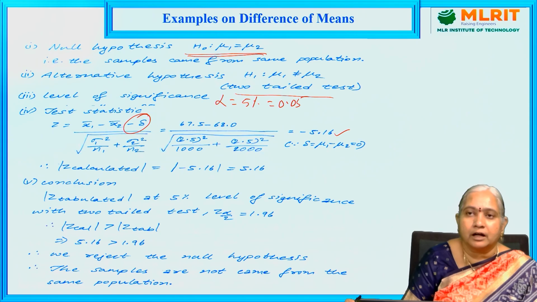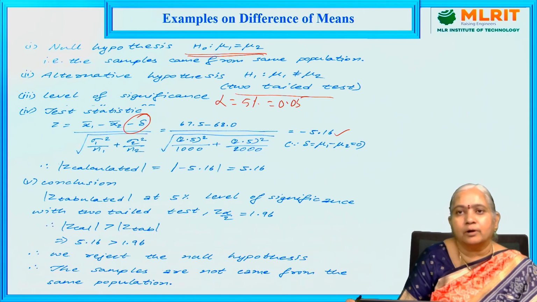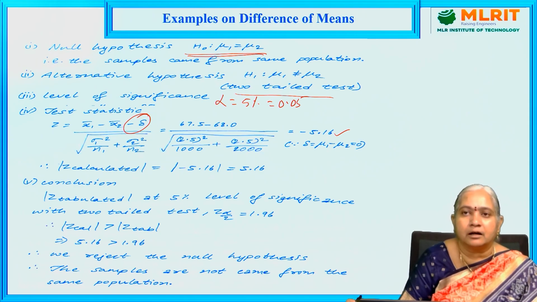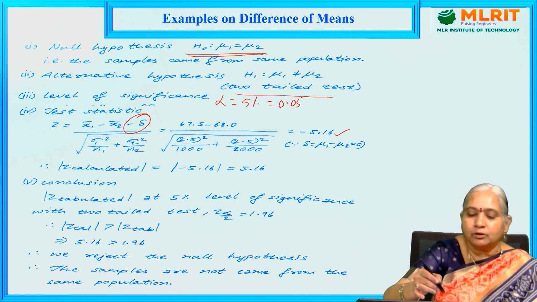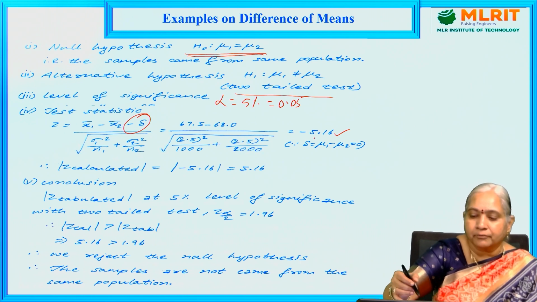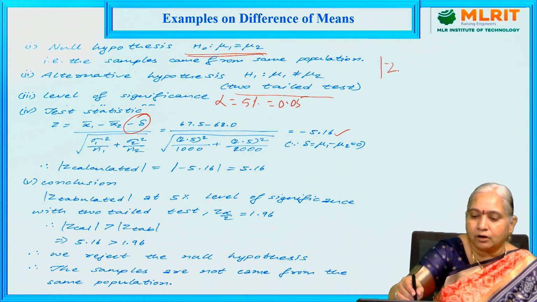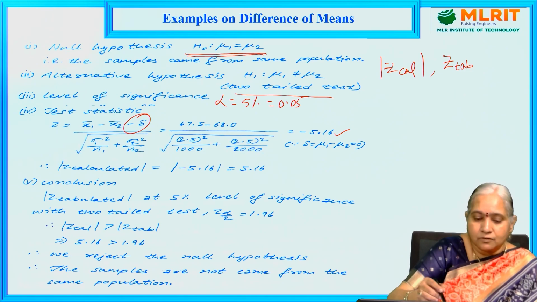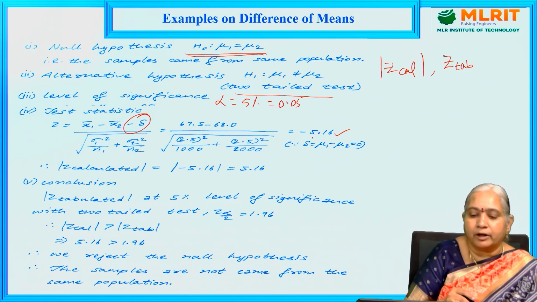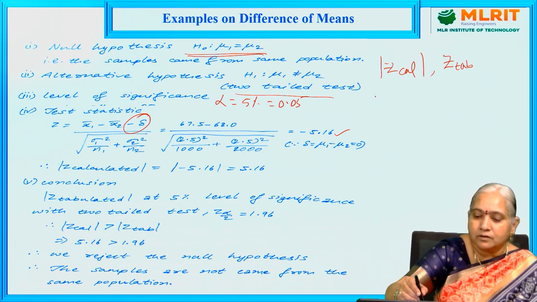Always we compare the calculated value and tabular value by taking modulus values. Even though we get a negative value, we take the modulus of Z calculated and compare with the Z tabular value. So Z calculated is minus 5.16, and the modulus of Z calculated is 5.16.